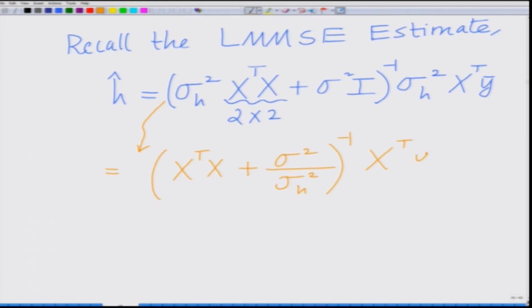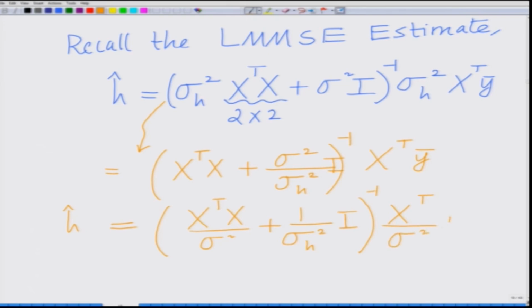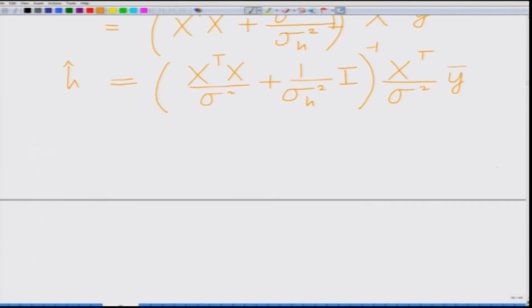So, this becomes x transpose y bar, and now bring out sigma square. So, this becomes x transpose x by sigma square plus 1 over sigma h square times identity, inverse, into x transpose by sigma square times y bar. It is slightly more convenient to use this formulation.